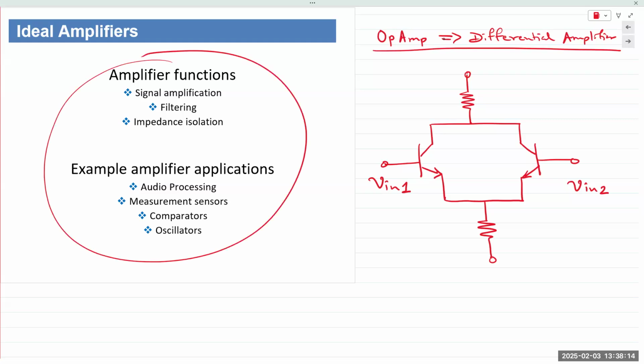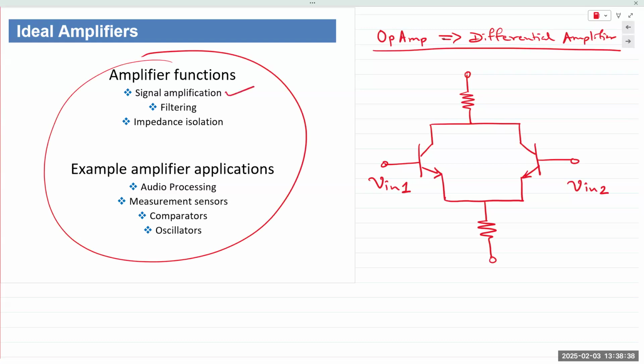We are not going to study the internal working or the internal circuitry of an op amp. We are only going to look at the op amp as a building block, meaning we take the op amp off the shelf. It's a microchip. You simply buy it off the shelf. You add a few external components to the op amp, and you can create whatever we want. Well, within reason, of course.